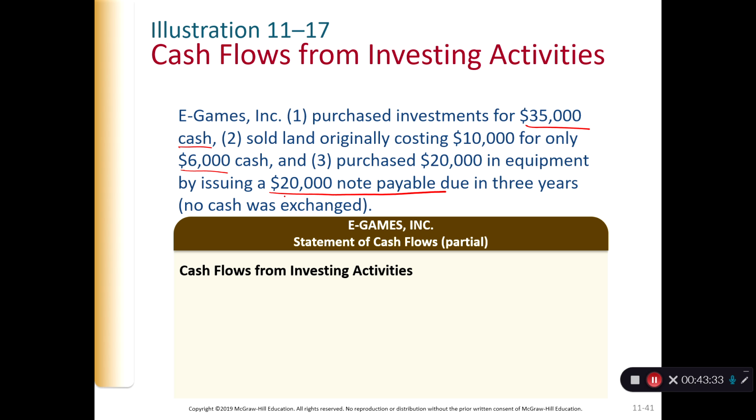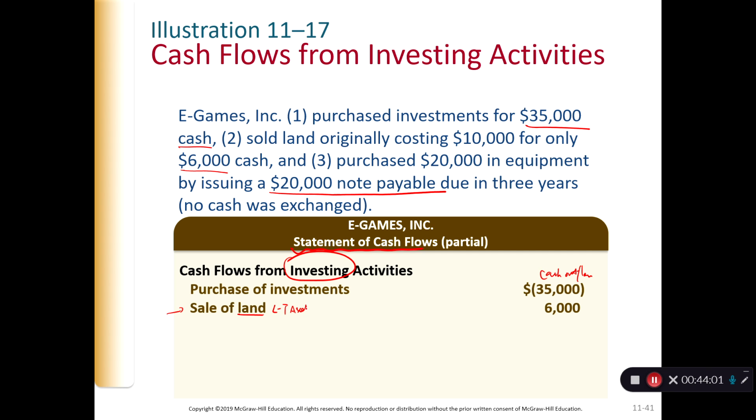So in the cash flow statement of investing activity, what do we do? First of all, for the purchase of the investment, you have a cash outflow, so you subtract the cash. Then you sell off the land. Remember, we split this out from the operating activity, but it stays in the investing activity section, because it's a long-term asset.